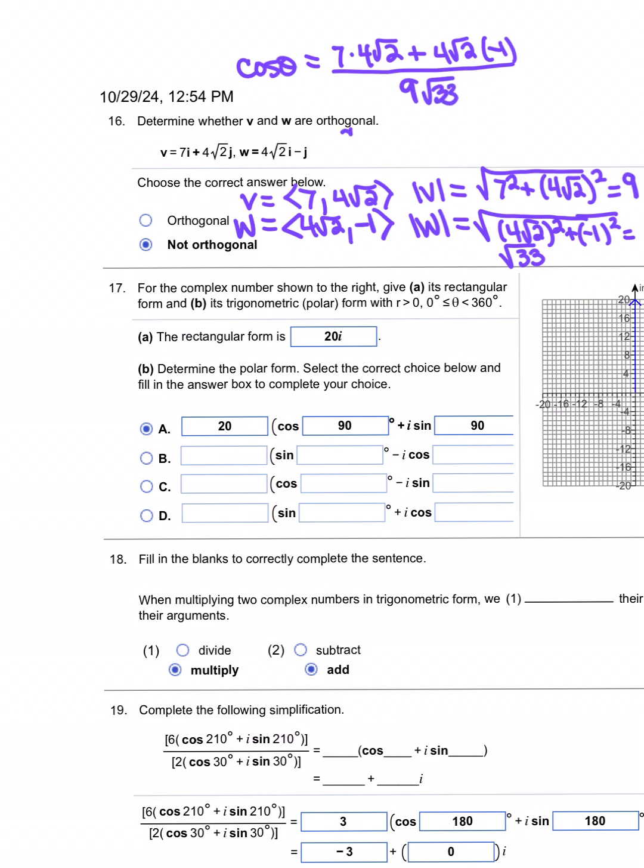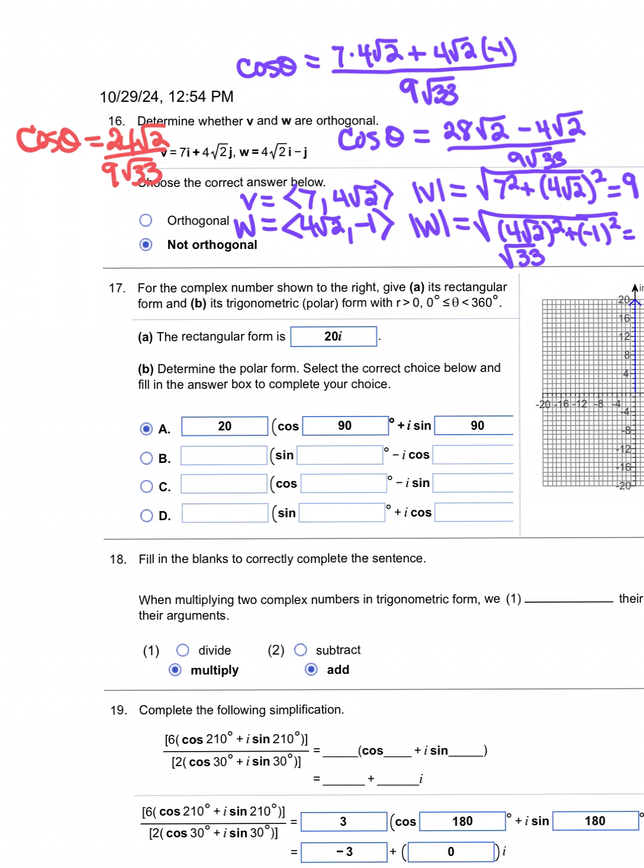So on the numerator we have 28 square root of 2 minus 4 square root of 2, which is 24 square root of 2, divided by 9 square root of 33.